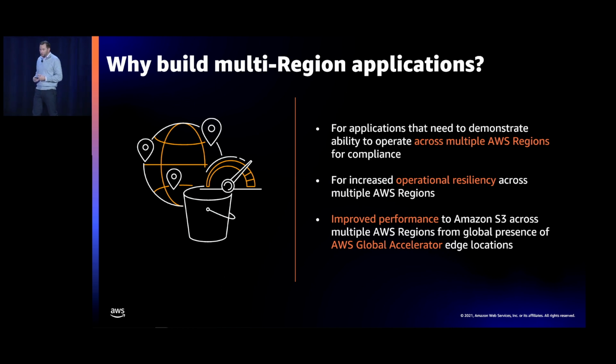Or maybe you want to increase the application availability to tolerate any connectivity issues to a bucket within an AWS region. Or you might have global users around the world, and you want to reduce that latency of requests, and so you might store multiple copies of data in multiple regions across AWS's global infrastructure.